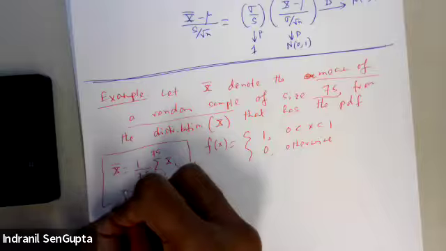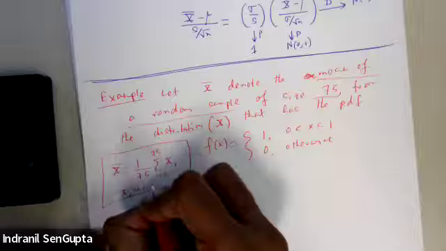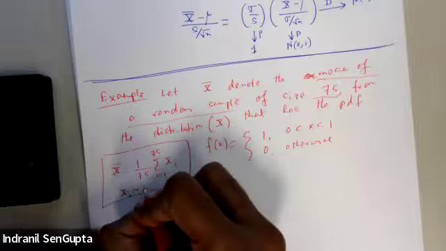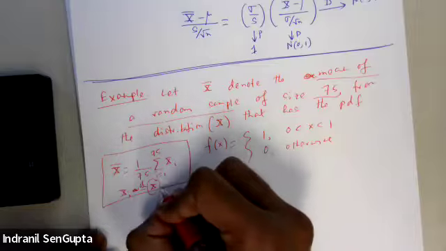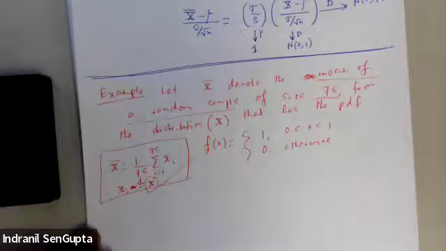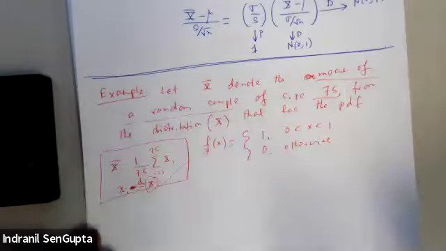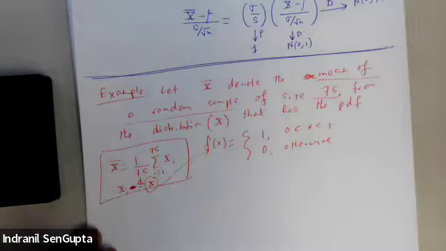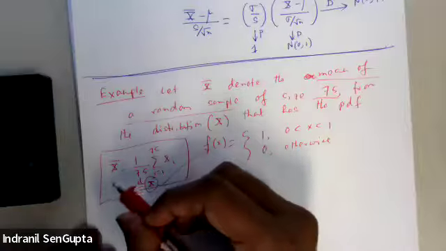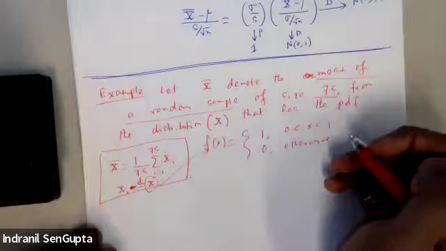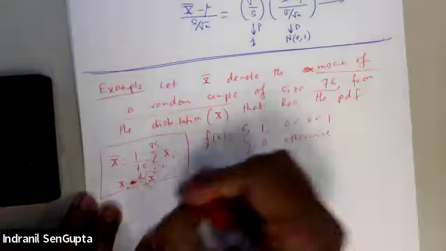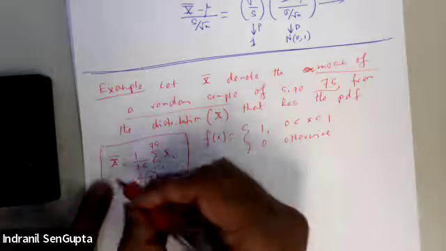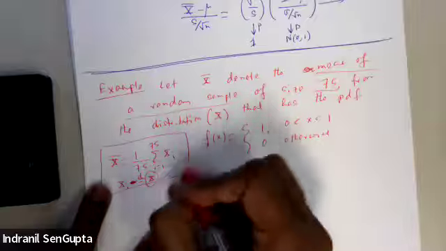The Xi's follow the distribution of X, so Xi and X are the same in distribution. And what is X? Its PDF is given by this one. It's very difficult to compute the PDF of X bar because it's a mess, right?